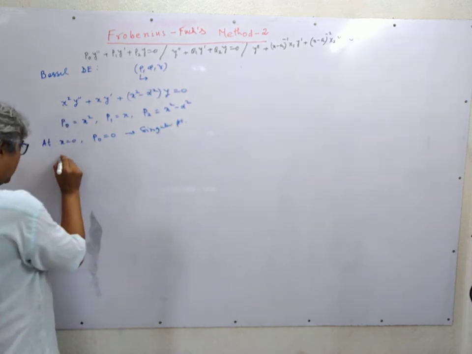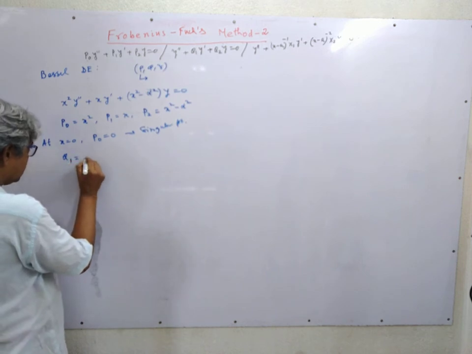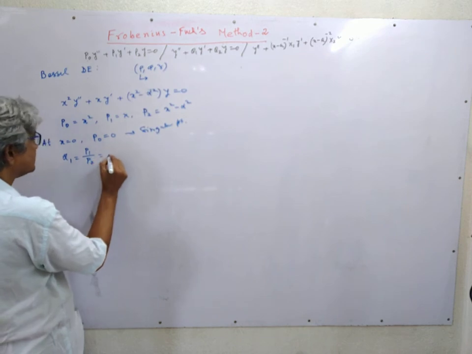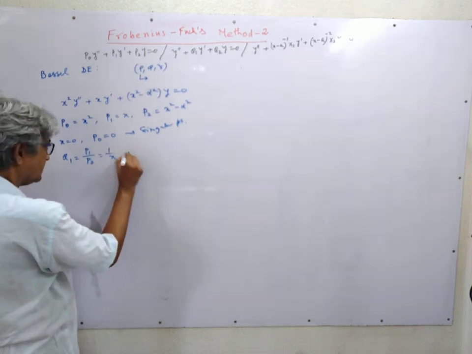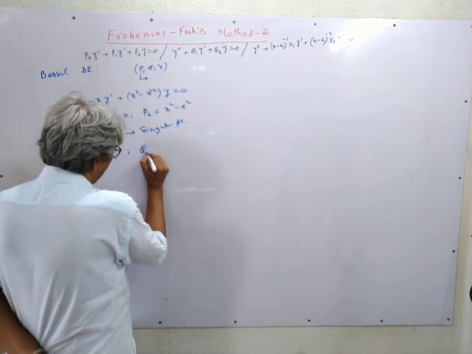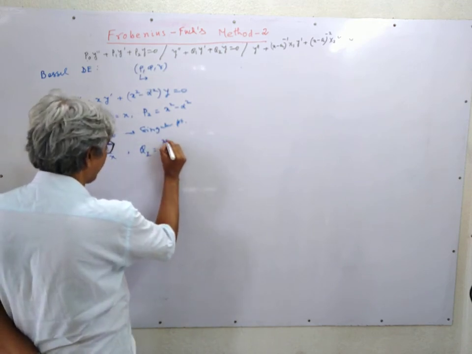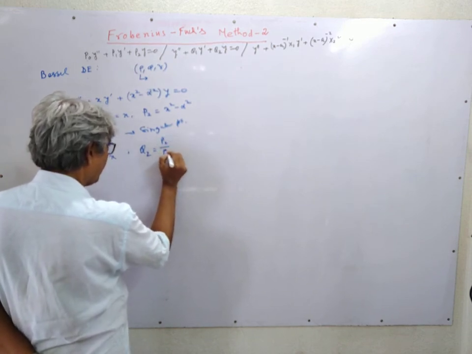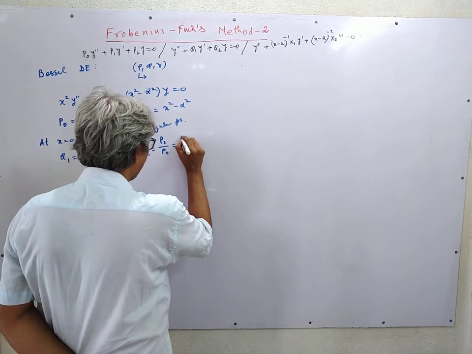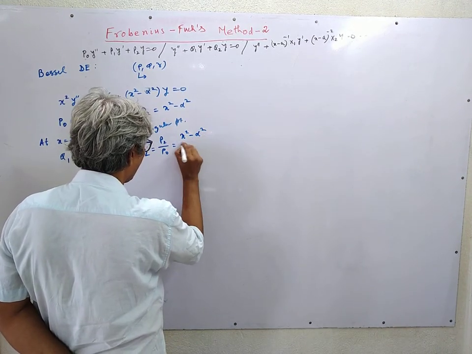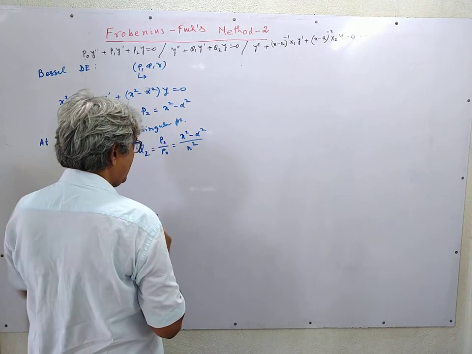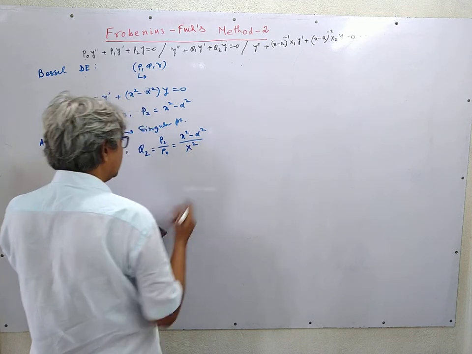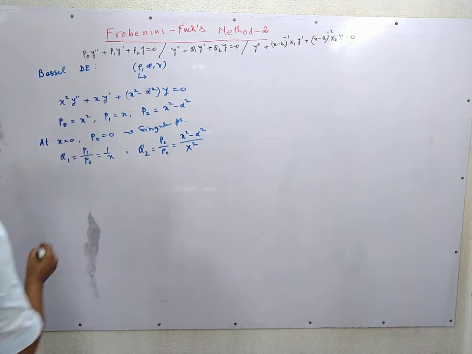We define Q1 and Q2, with Q2 being minus x square. Both Q1 and Q2 diverge at x equal to 0. So we go to the X1 function.